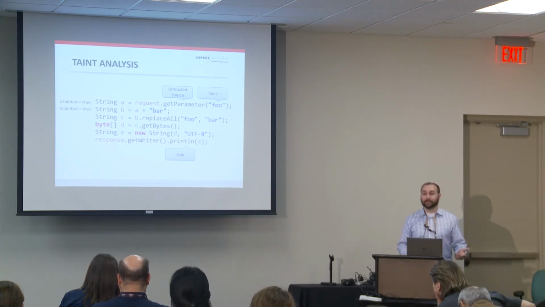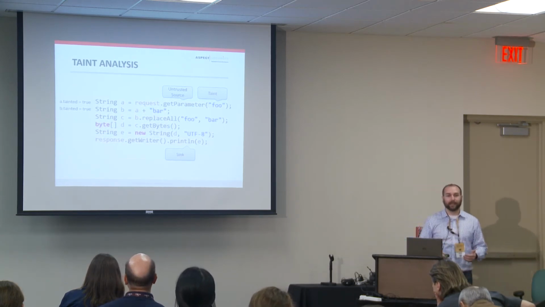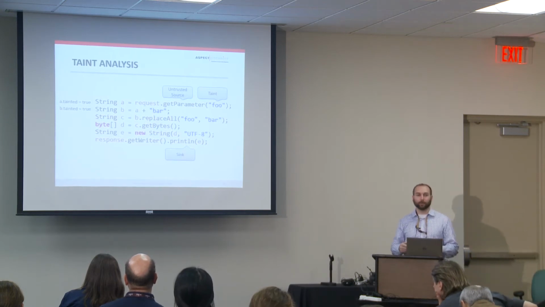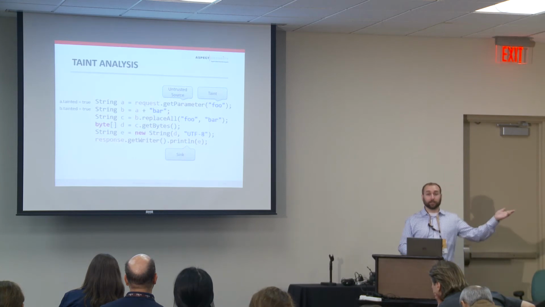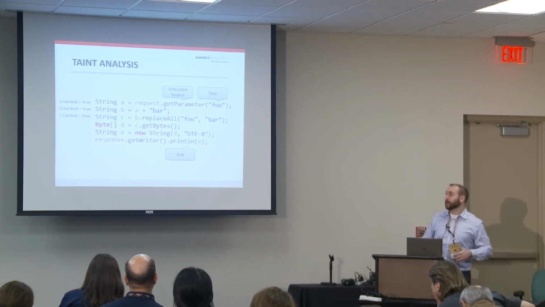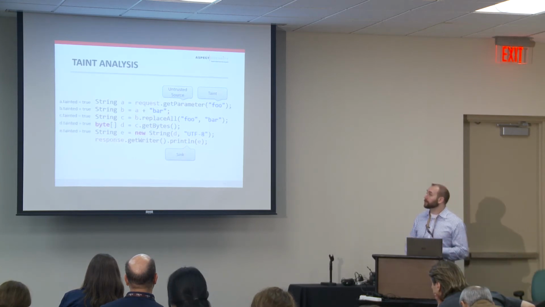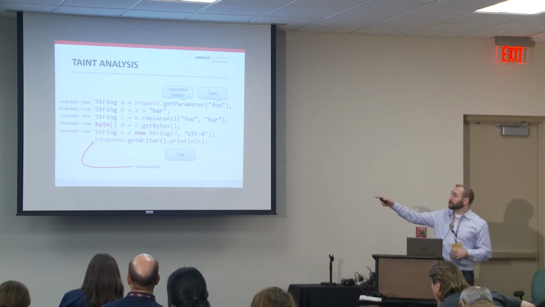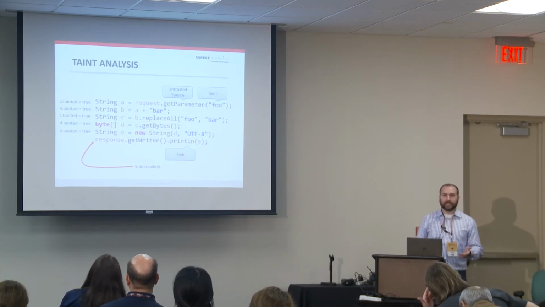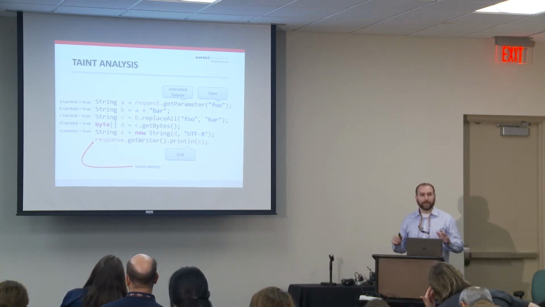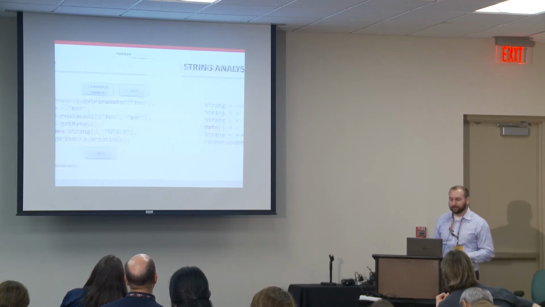Then B is now tainted because it takes in data from A. It's basically a Boolean value on each node of the trace to say it's still dirty or it's not dirty, right? And you go through all the way until you get to E, and E gets put into this println, which we know is a sink, and so this is a vulnerability. Taint analysis. Call me out if anything doesn't make sense, please.